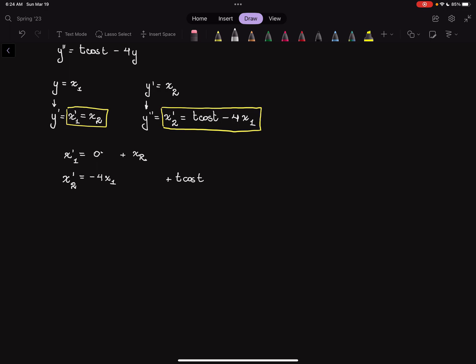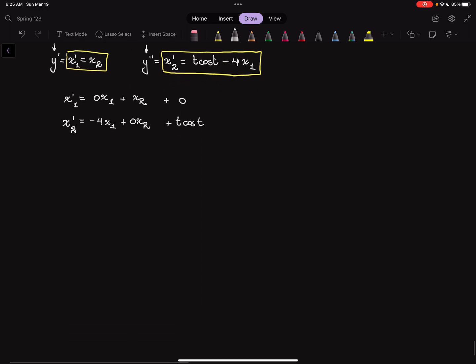So I'd have 0 x1 here, plus x2 here, and here I'd have 0 x2. Now, I notice that I can rewrite this in terms of x1, x2 prime, and these could be a vector matrix right here.